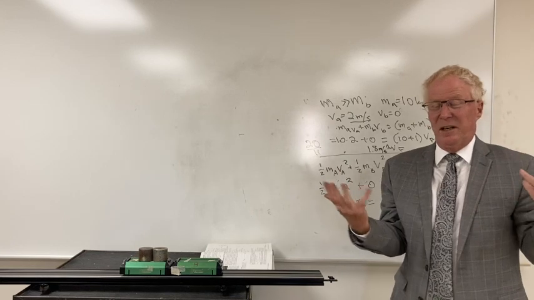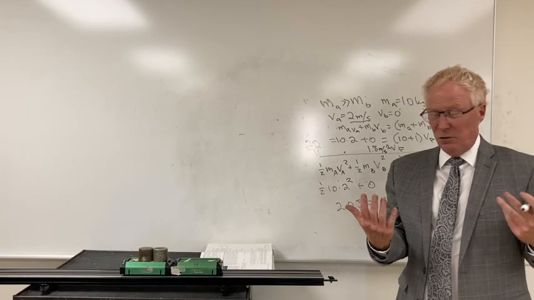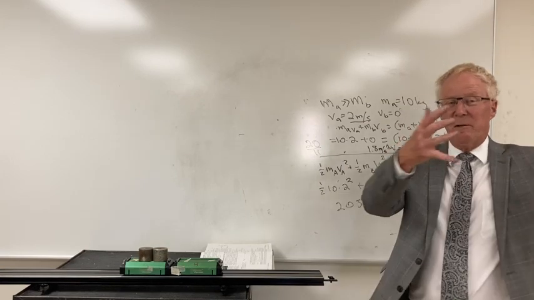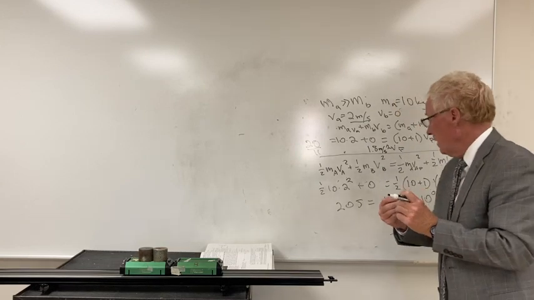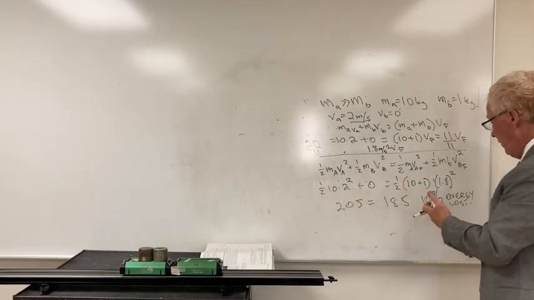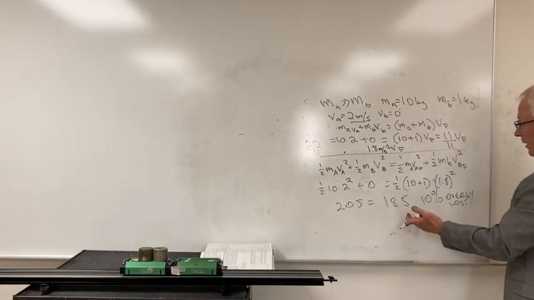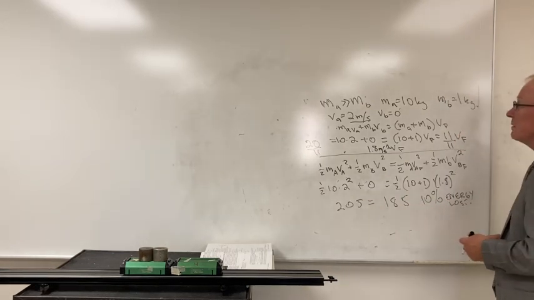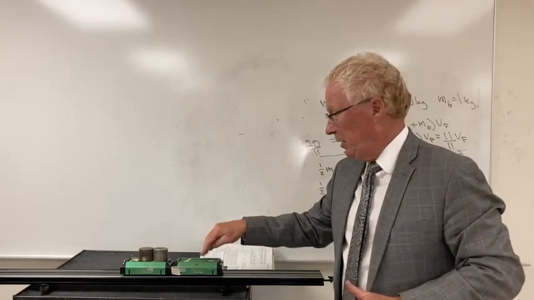You're not going to notice any difference in the speed of your car, because almost no energy is lost when a much heavier mass hits an extremely light mass. So we'd have less and less energy lost. About 2 joules are lost, so that's about 10%. That's the case where MA is much bigger than MB.